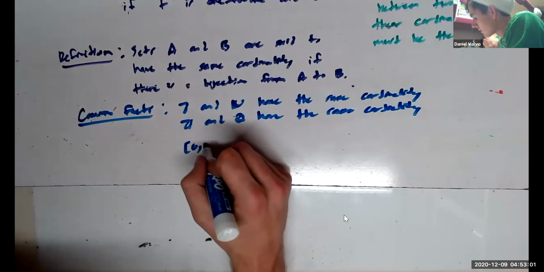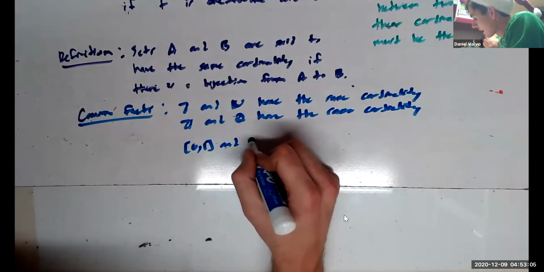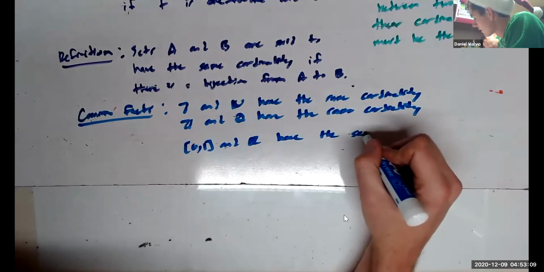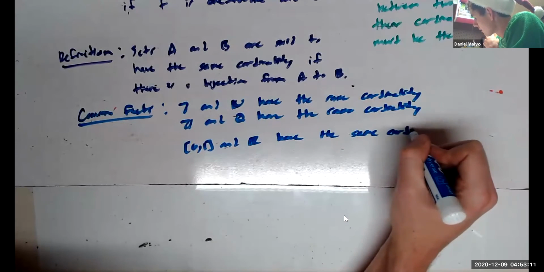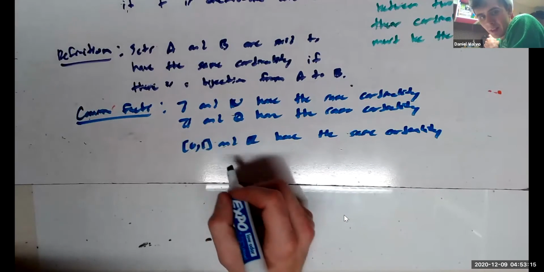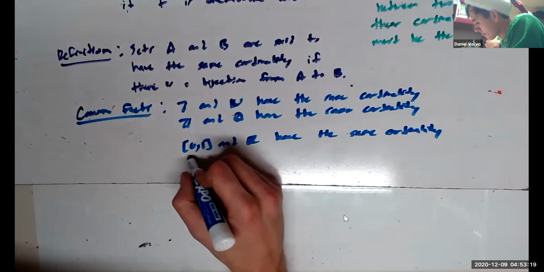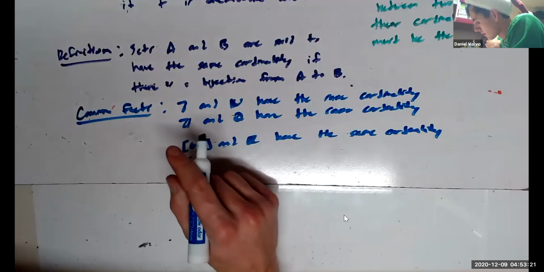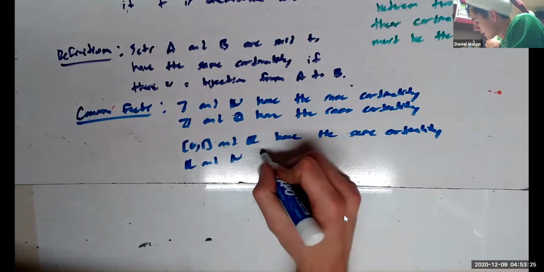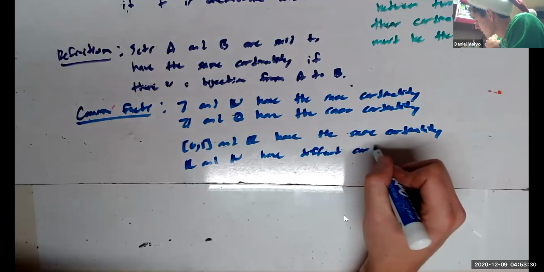And 0,1 and R have the same cardinality. And R and N have different cardinalities.